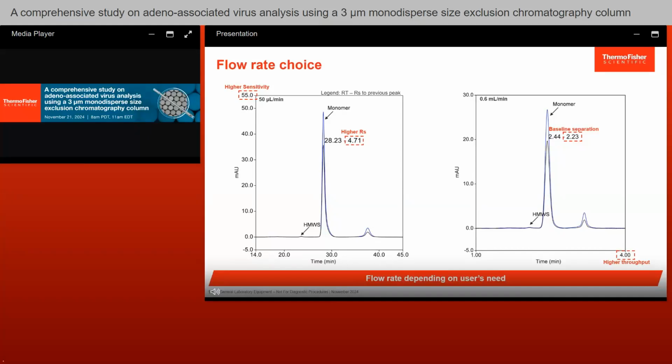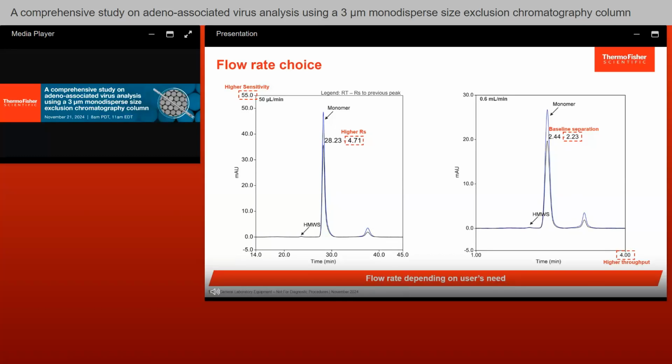And also we'll have higher sensitivity here, which means you have a stronger signal compared to using a fast flow rate. But the method, you can see, is actually 45 minutes. So if you are focusing more on resolution and you want to get a better separation, we definitely recommend you use a slower flow rate with a longer method. But sorry, this one is 0.6 mL per minute.